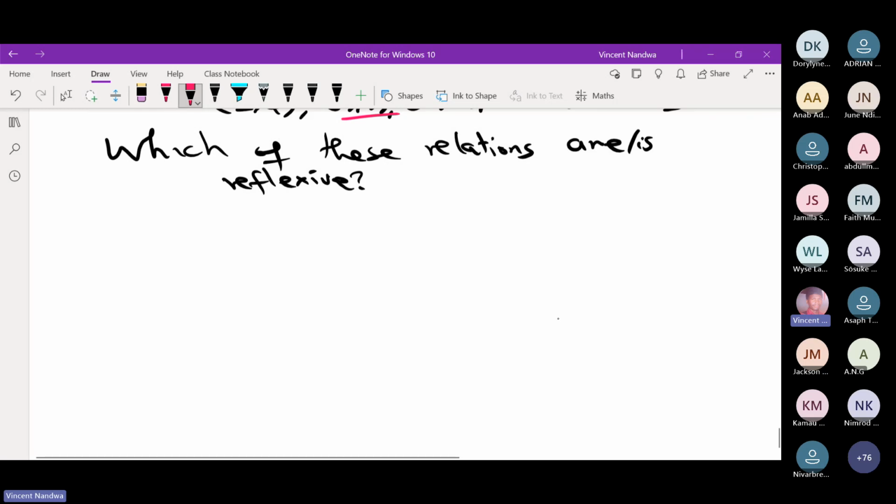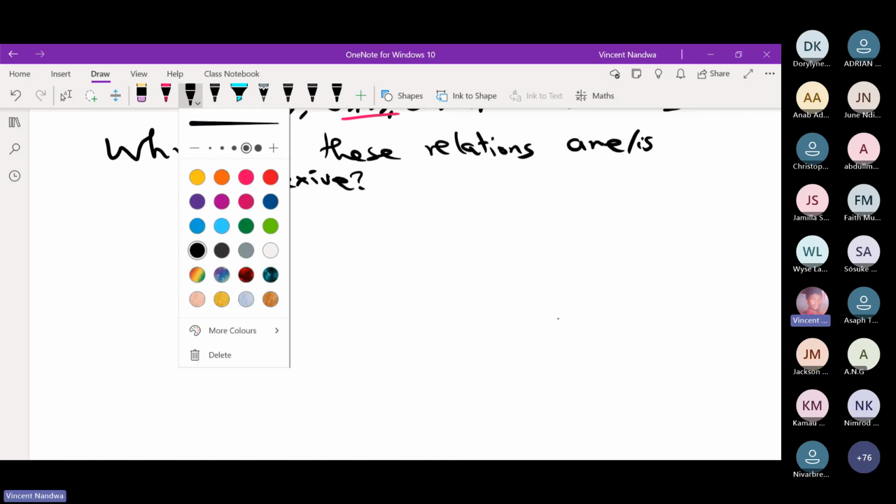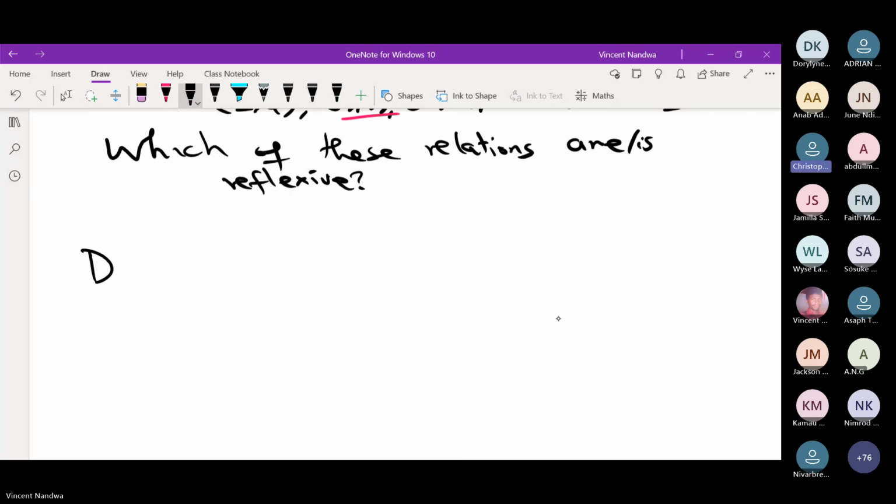And then the other type of relation is what we call the symmetric.